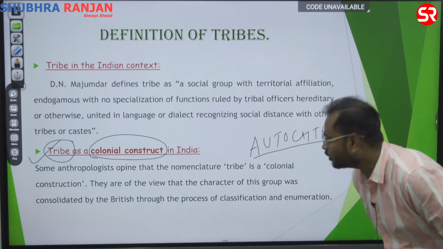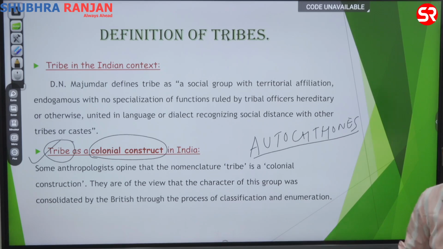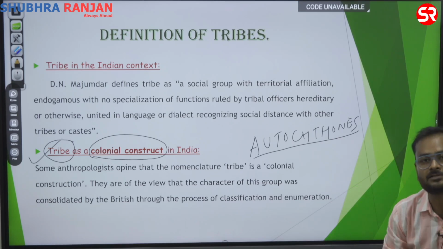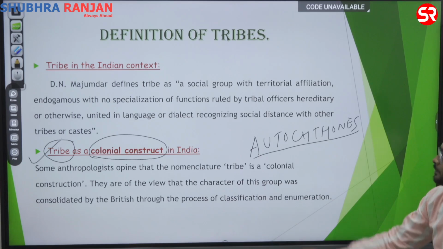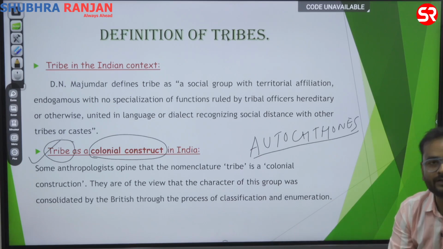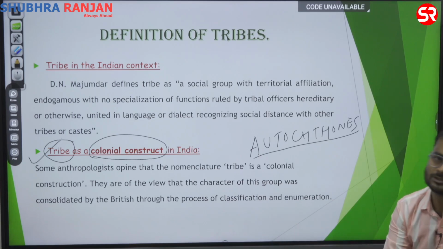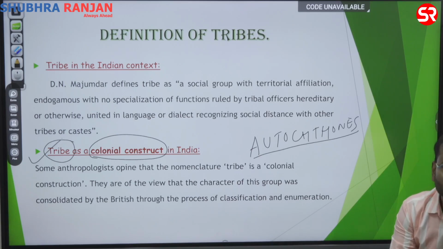So they are also called autochthones. When we are talking about autochthones, that means they are the natives and indigenous of that place. Those people were starting to revolt, and their revolt was very difficult to suppress by the Britishers.